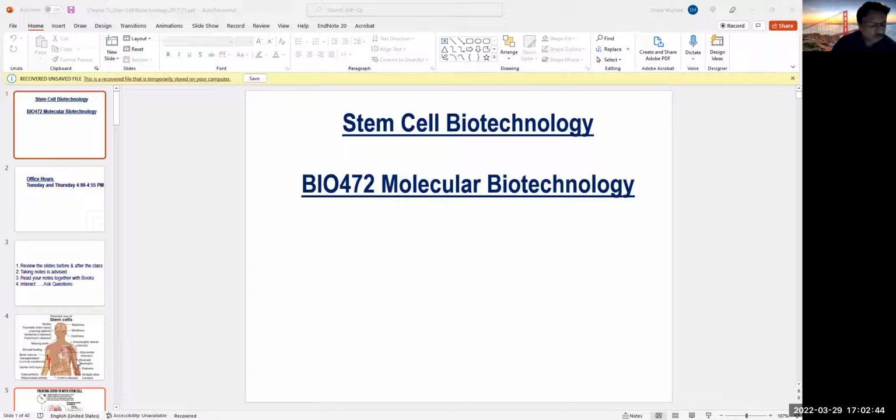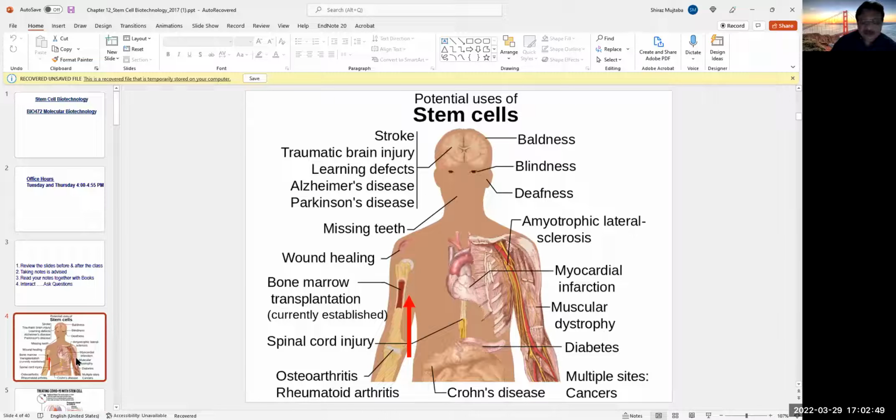The power of stem cells is that, because of their growth capacity and differentiation capacity, they can serve as a therapeutic agent for many diseases.